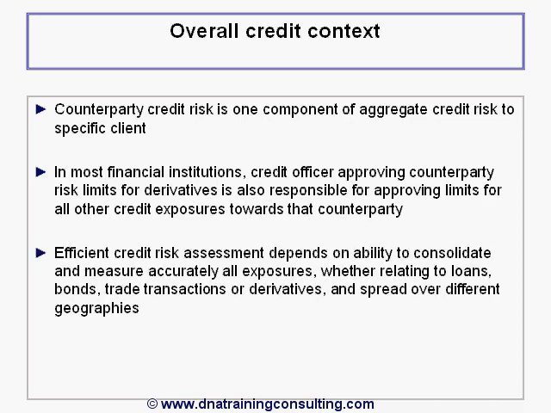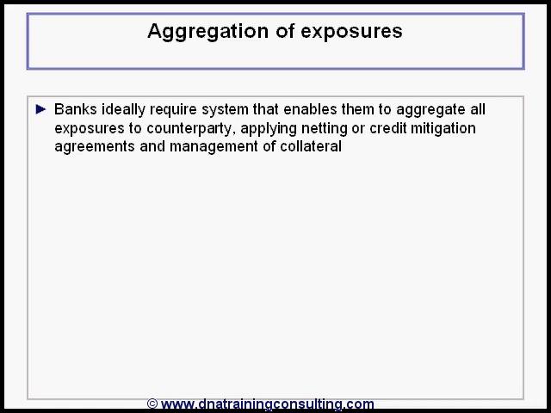An efficient credit risk assessment depends on the ability to consolidate and measure accurately all these exposures, whether relating to loans, bonds, trade transactions, or derivatives, and spread over different geographies. Banks ideally require a system that enables them to aggregate all exposures to that counterparty, applying netting or credit mitigation agreements, and the management of collateral. Topics we will discuss in later chapters of this module.